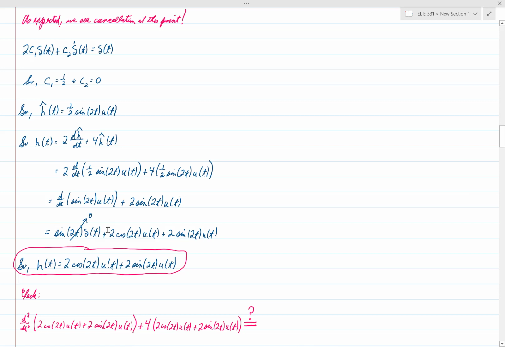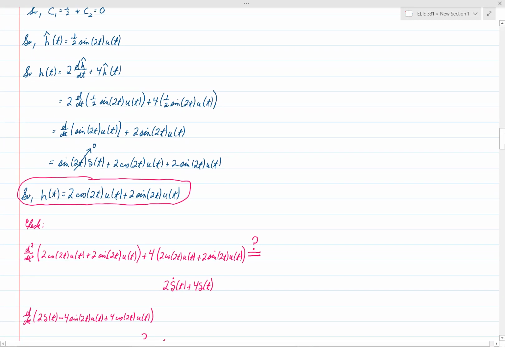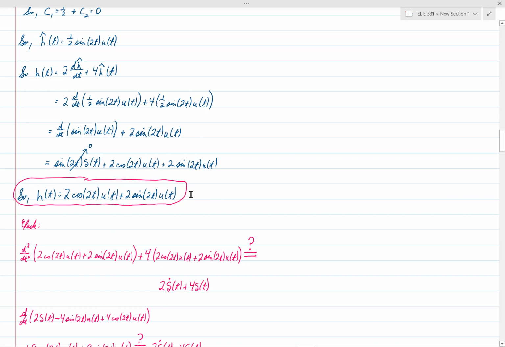When we take the derivative, we have to take the derivative of a product, so we'll have to use the product rule again. But I think everything else here is straightforward, and we end up with this expression, that the impulse response of the original system is 2 cosine 2t u of t plus 2 sine 2t u of t.